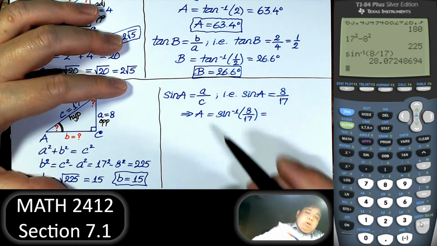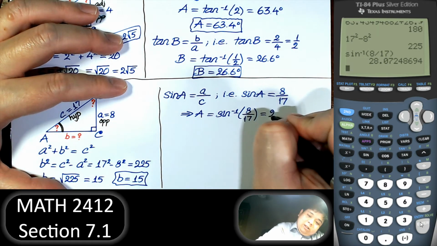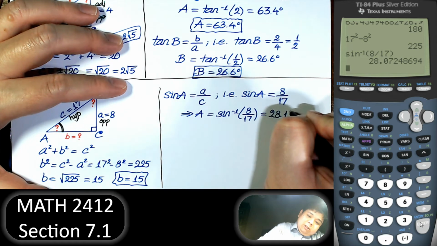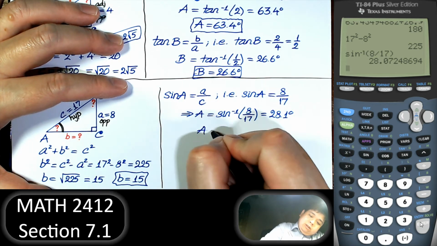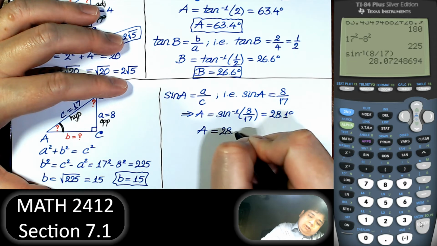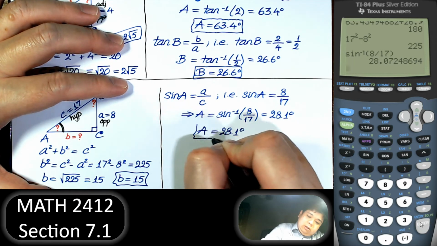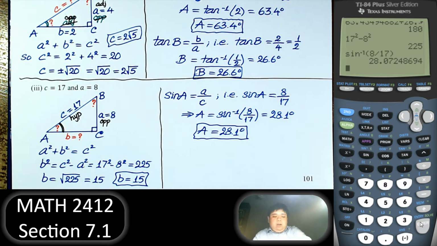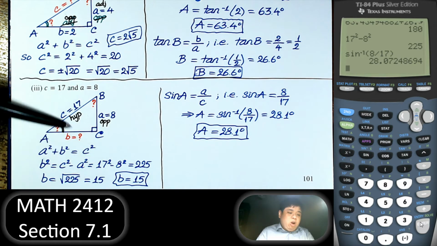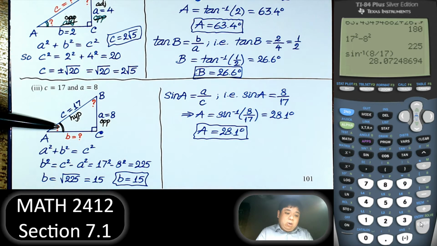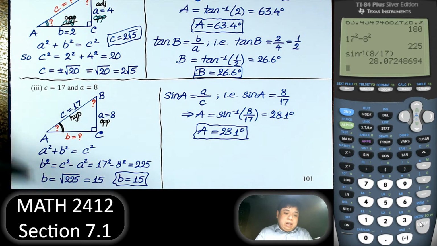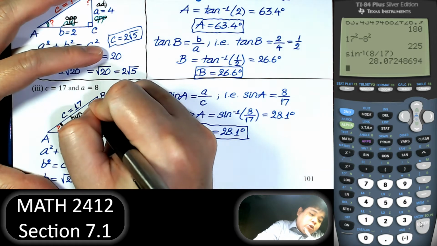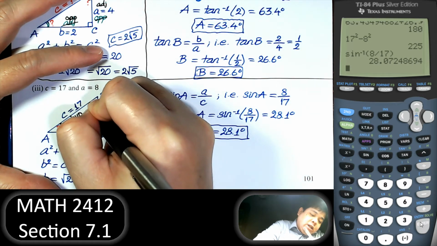And that gives us 28.1 degrees. Now of course we can subtract from 180, subtract 90 degrees, subtract angle A, which we know now. We can get B, but I prefer not to use it. Now I'm solving for angle B here.